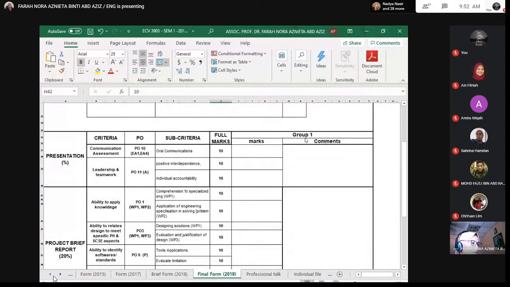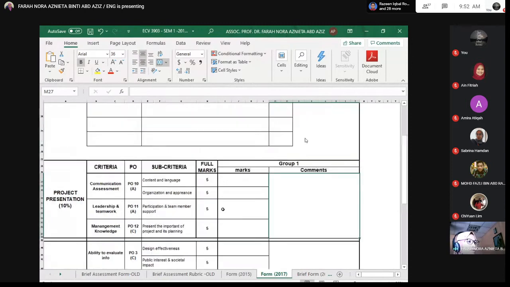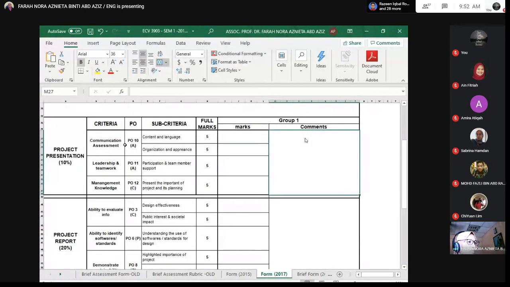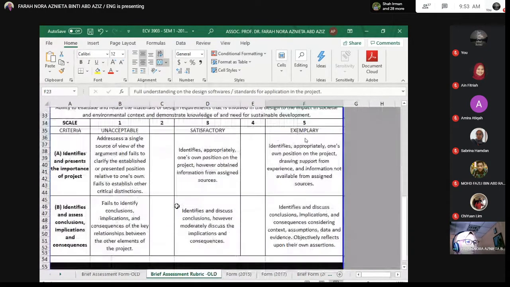I will give you later. Rubric. Okay. So this is the rubric. For example, first is the communications, PO10. I think this one the last one. So let's see where is PO10.